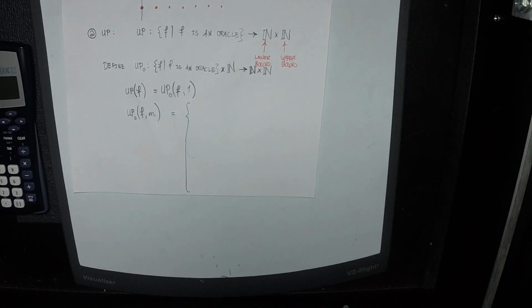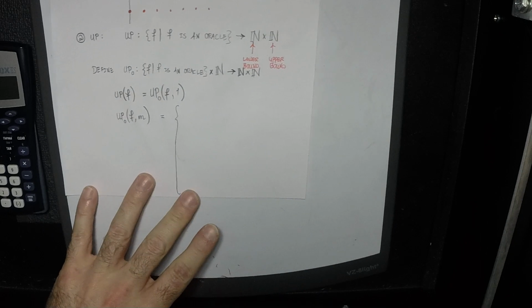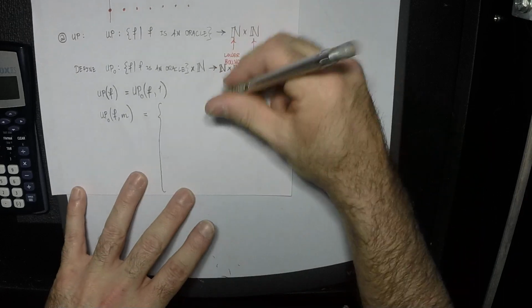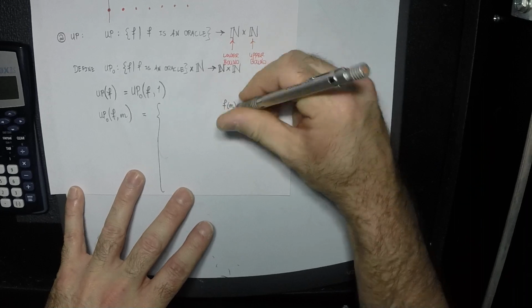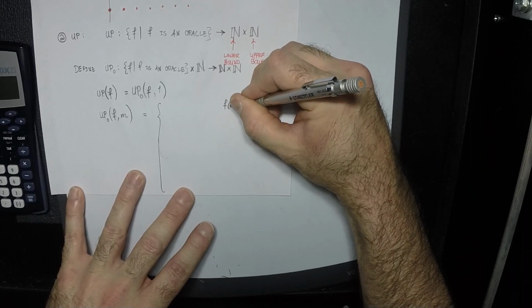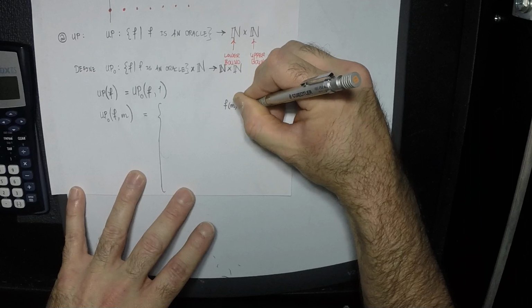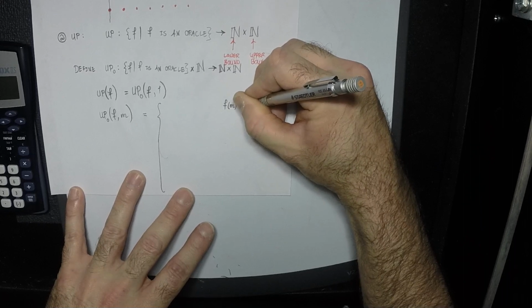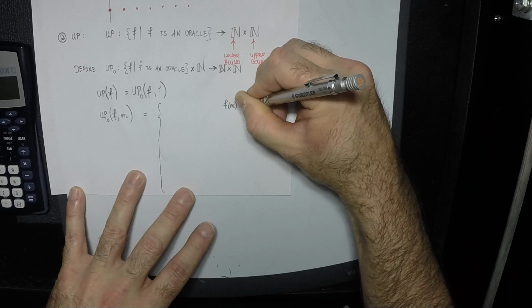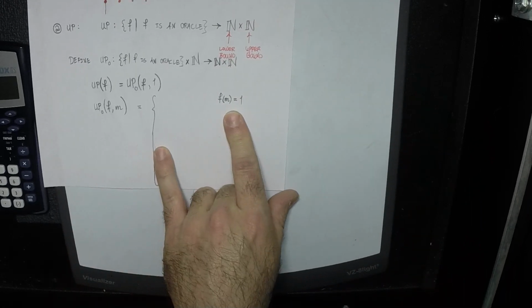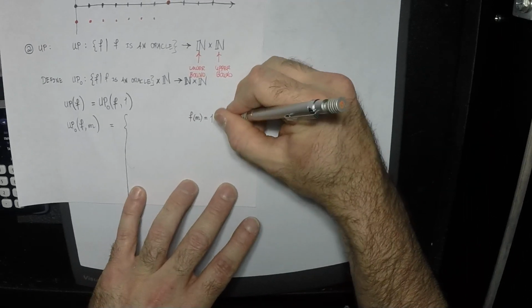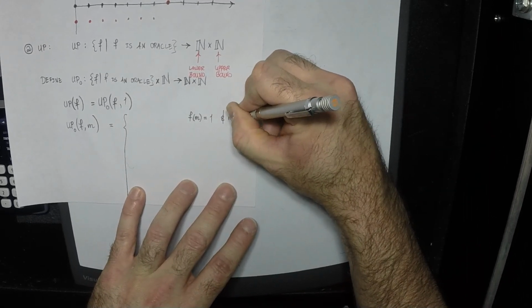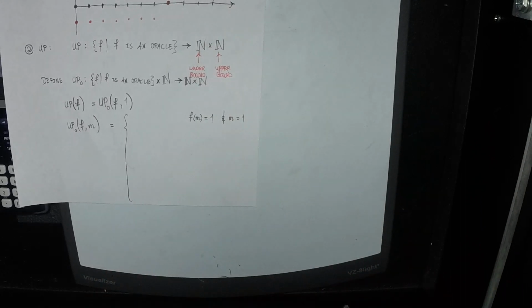1 is special. We're going to have to treat it specially. So suppose that f of m is too big. That's saying that your guess is too big, and let's suppose that your guess is 1.